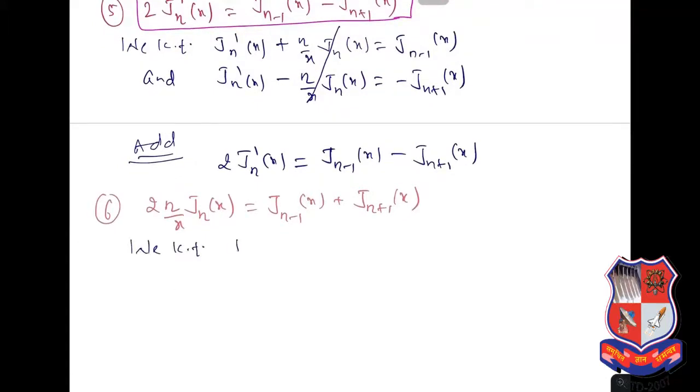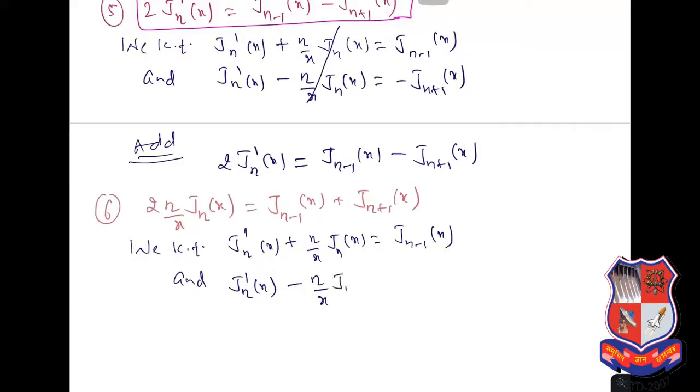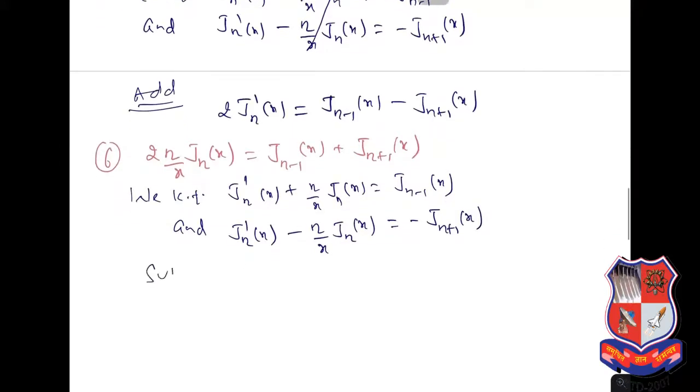So we know that Jn dash x plus n by x Jn x equal to Jn minus 1 x, and Jn dash x minus n by x Jn x equal to minus Jn plus 1 x. Now we subtract.